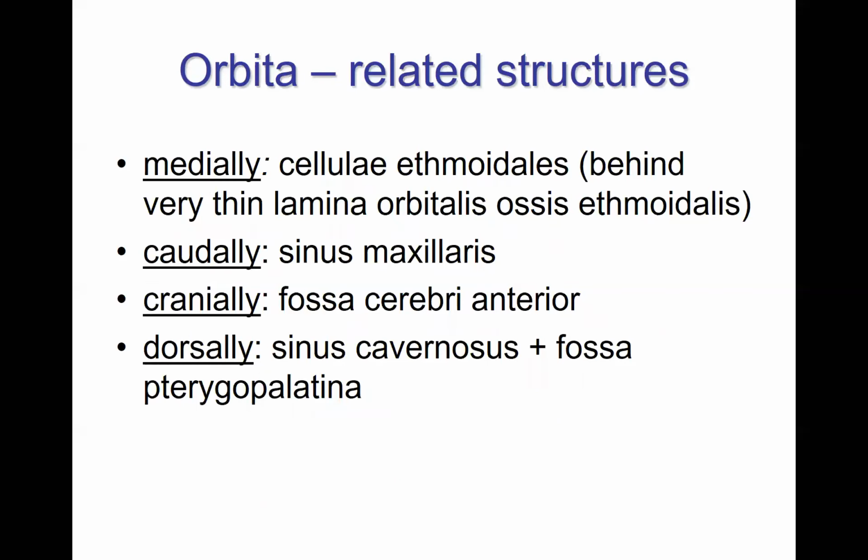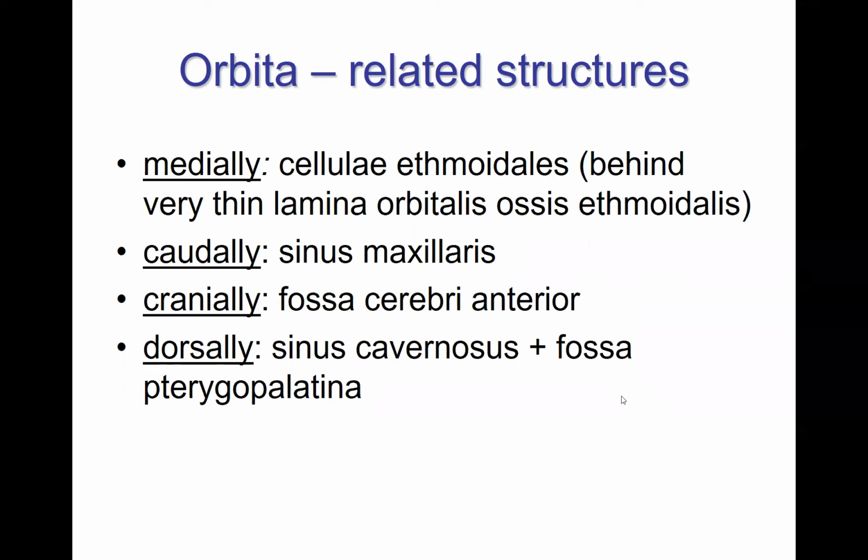What is also important is the relationship of the orbit to the surrounding structures. Medially from the orbit, behind the orbital plate of the ethmoidal bone, we can find the ethmoidal cells. The wall is very thin. It used to be called lamina papyracea, similar to papyrus, very thin.